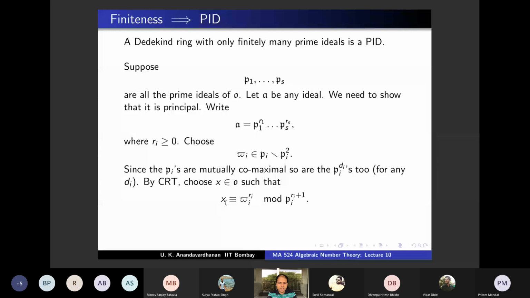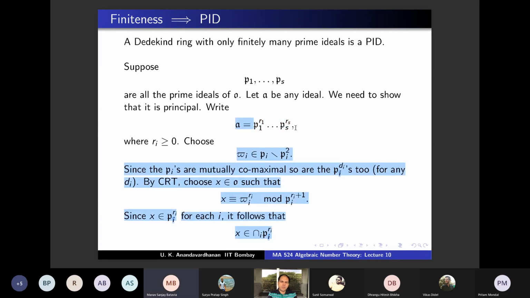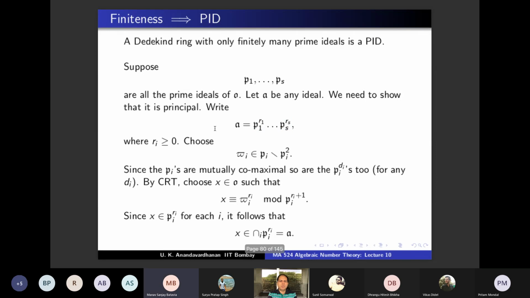But let's also note that X actually belongs to A. Only then bracket X can give you A. So X belongs to A because x minus pi power ri is in pi power ri plus 1, but pi power ri plus 1 is contained in pi power ri. So x minus pi power ri is in pi power ri, and pi power ri is also in pi power ri because pi is in pi. Therefore, x belongs to pi power ri, and this is true for each i. Therefore, x belongs to the intersection of pi power ri. But the intersection of pi power ri is nothing but the product of pi power ri because they are all co-maximal, and that is A. So x belongs to A.